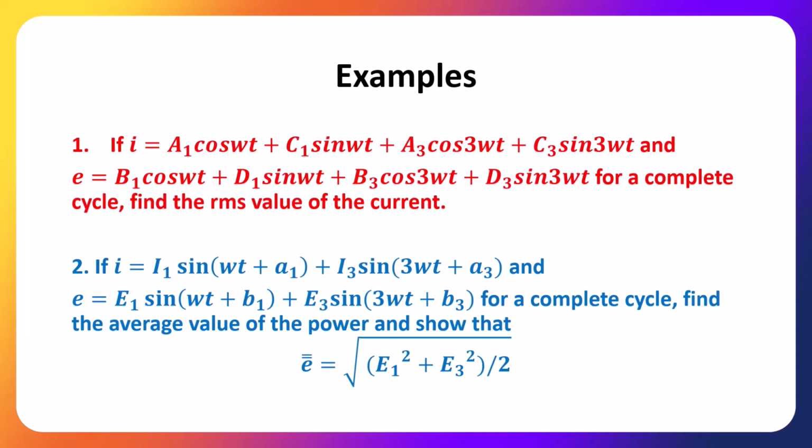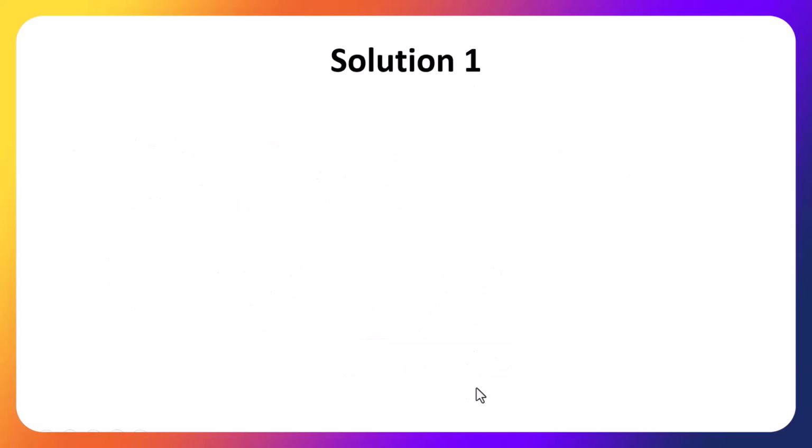For a complete cycle, we have to find the average value of the power and also show that E bar is equal to the square root of E1 squared plus E3 squared divided by 2. Solution. Let's go through this one after the other.